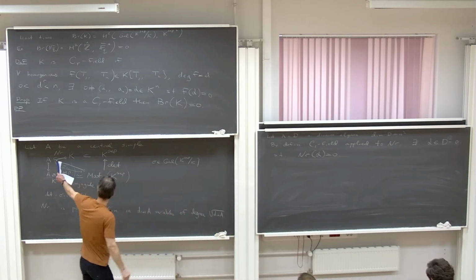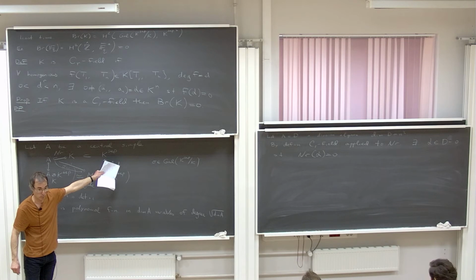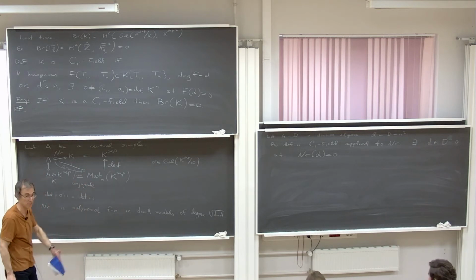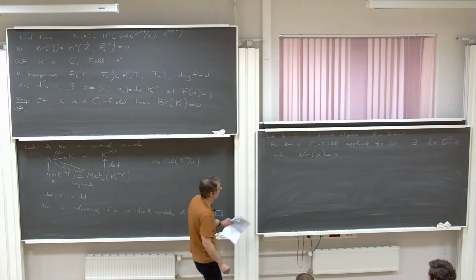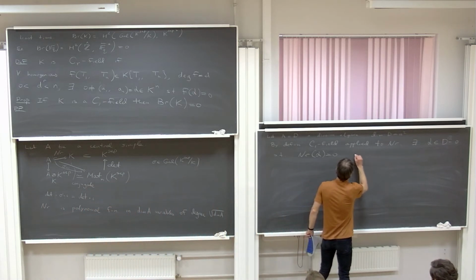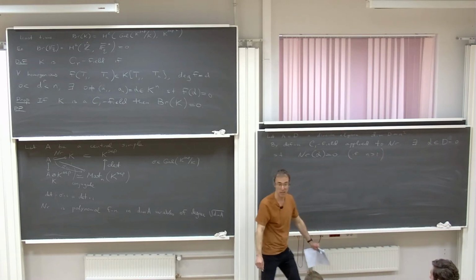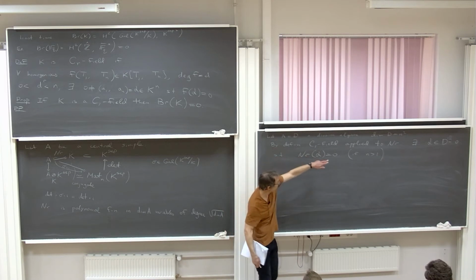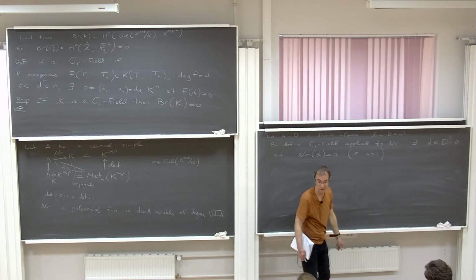But the norm is multiplicative. It takes product to product because the determinant does. And therefore, that's a contradiction, well, if n is greater than 1. Otherwise, you can't apply. So that's a polynomial in n squared variables of degree n. So if n is greater than 1, that's a contradiction.